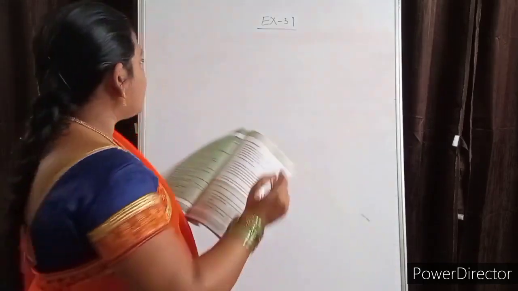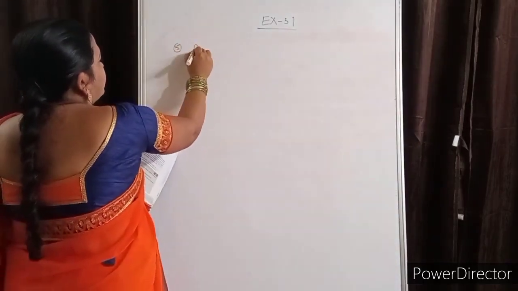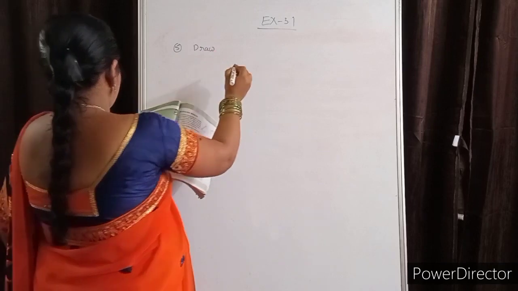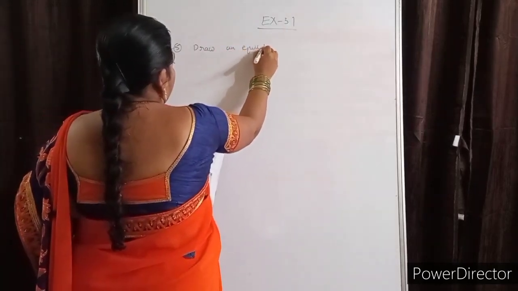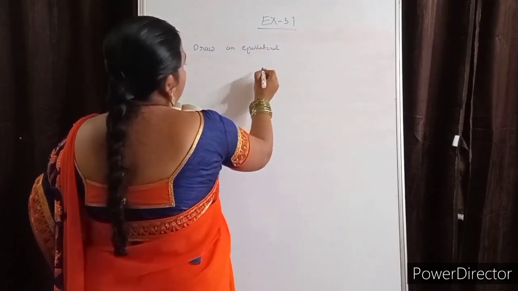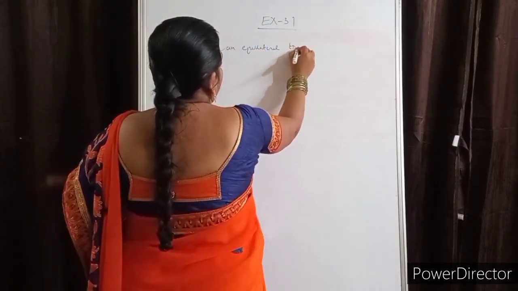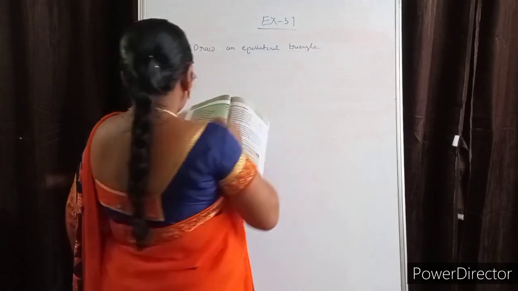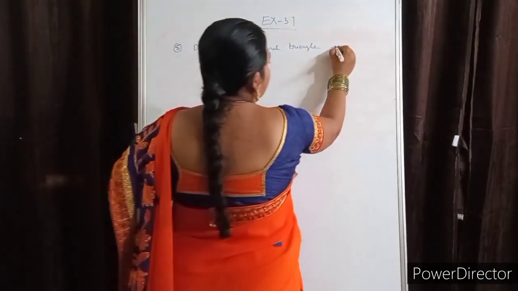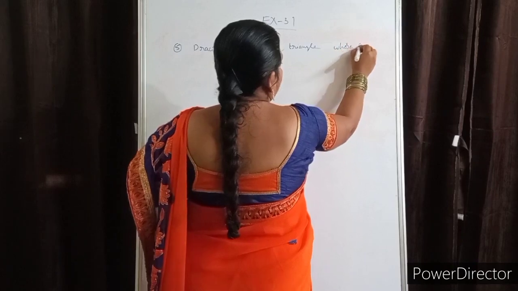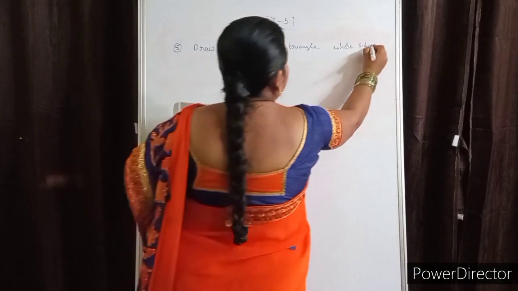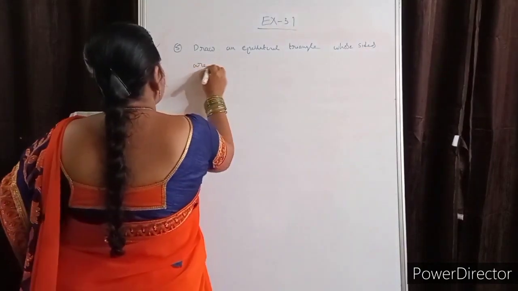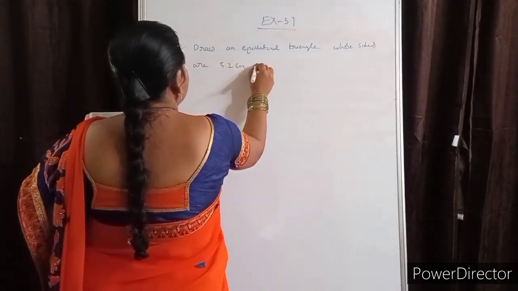Fifth question. Draw an equilateral triangle whose sides are 5.2 centimeters each.